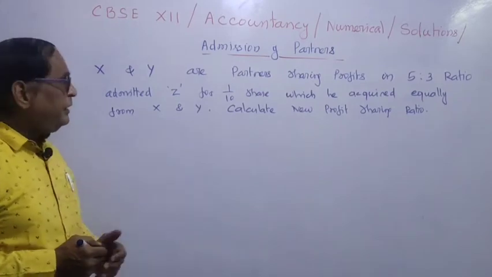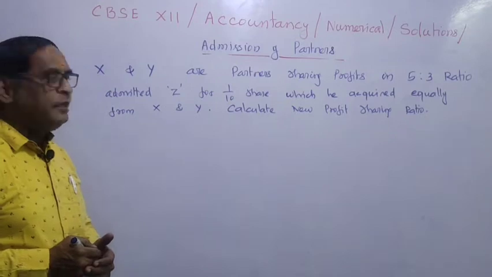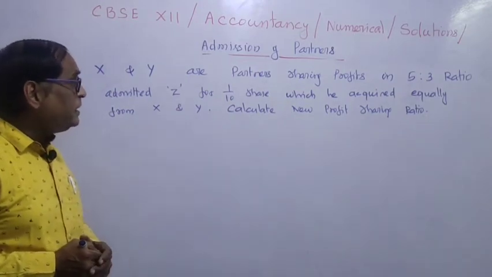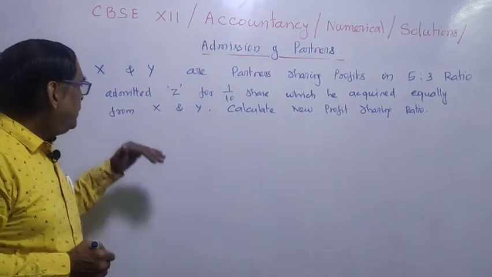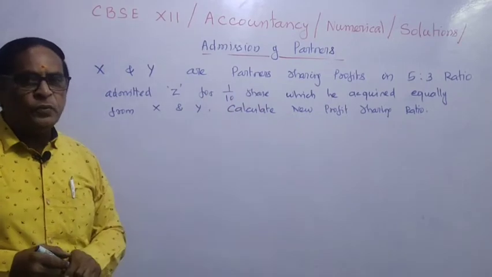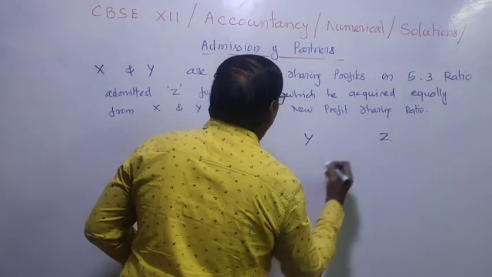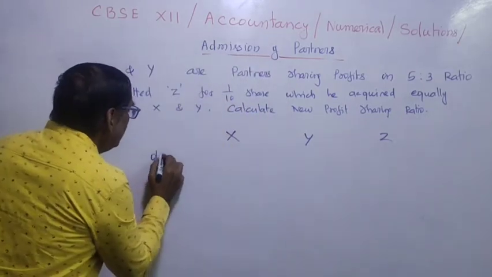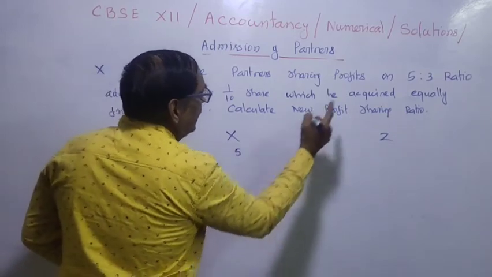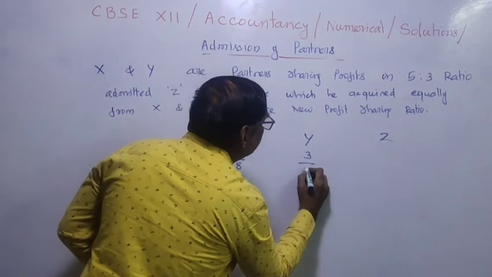Another sum: X and Y are partners sharing profits in 5 is to 3 ratio. They admitted Z for 1/10 share, which he acquired equally from X and Y. Calculate the new profit sharing ratio. Now X, Y, Z are partners. The old ratio is 5 is to 3, that means 5 by 8, 3 by 8.